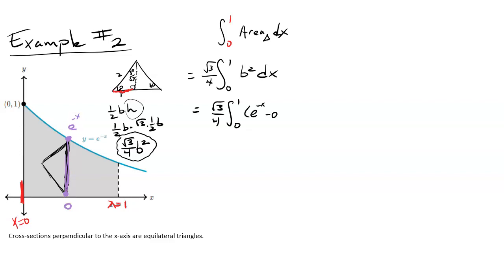And then obviously the minus 0 doesn't do anything. So I've got square root of 3 over 4 integral 0 to 1. If I square it, I'm taking a power to a power. So this would become e to the negative 2x dx.